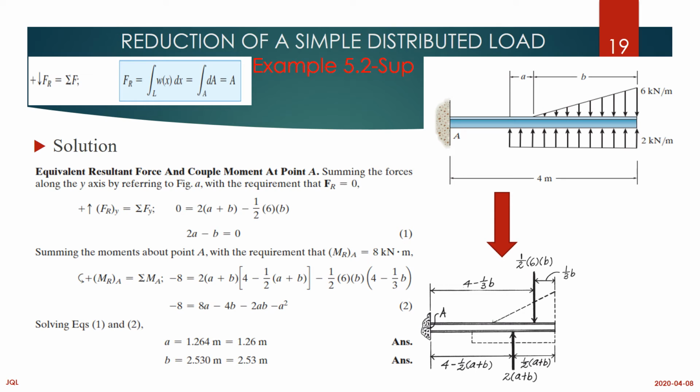So it's going to be 1 over 2 6B times, when you solve these equations, you are going to find 1.26, and at the same time the B will be 2.53.